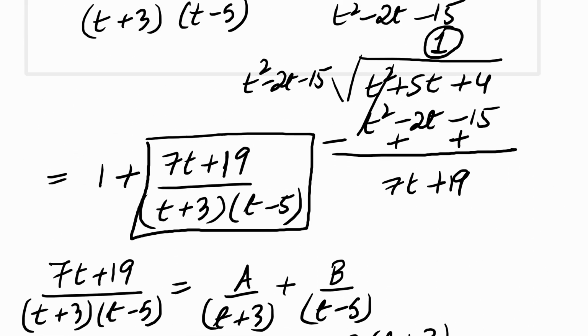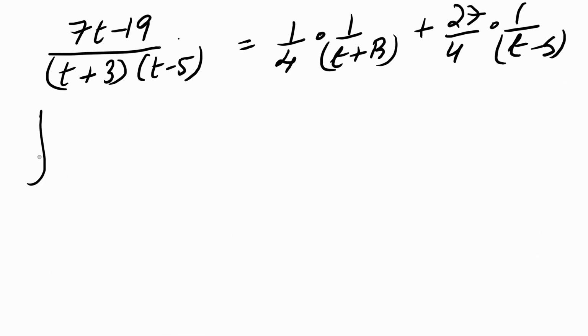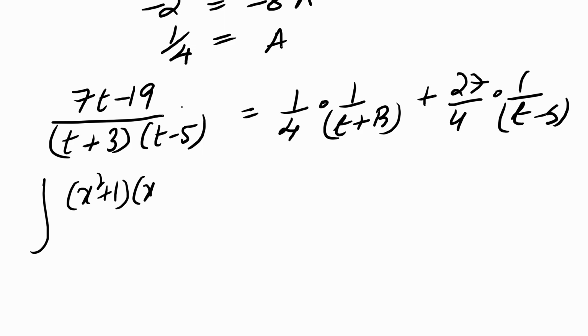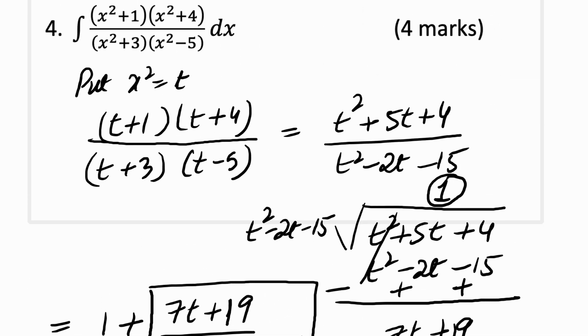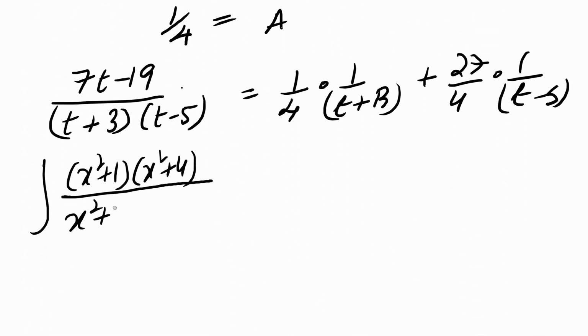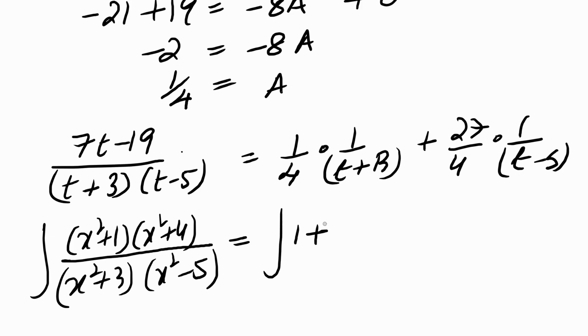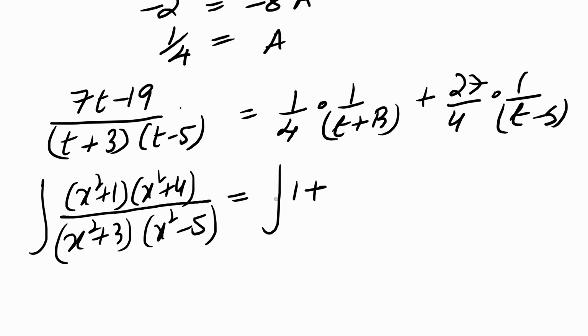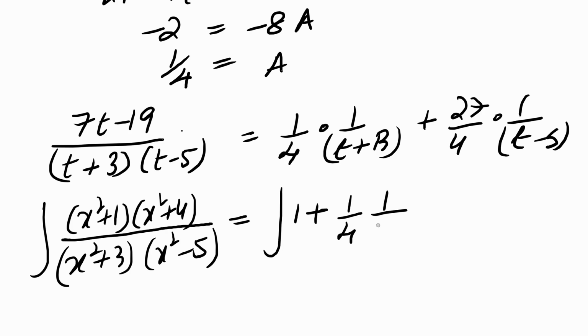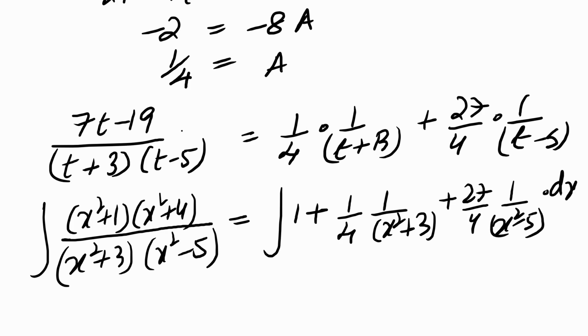Our integration was (x square plus 1) upon (x square plus 1)(x square plus 4)... then (x square plus 3)(x square minus 5), and this we broke down as 1 plus 1 by 4 into 1 upon x square plus 3 plus 27 upon 4 into 1 upon x square minus 5. This is dx. Okay, this is our integration.